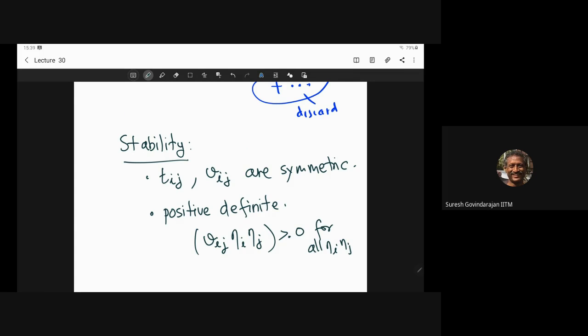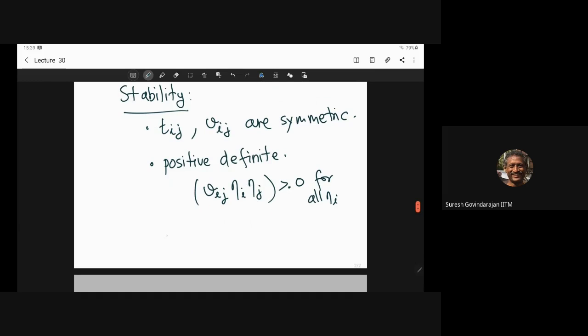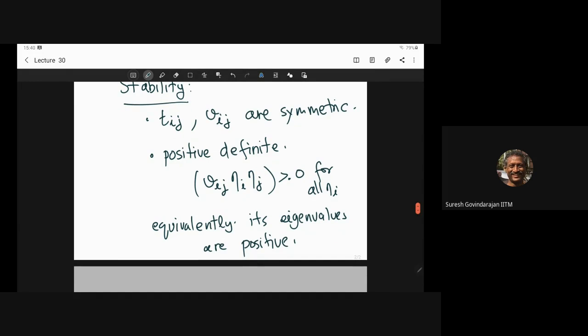So you pick an eta i and plug it in here, it's positive. But it also means, in terms of eigenvalues equivalently, what can we say about its eigenvalues? Not negative. So these are the things which we are given.